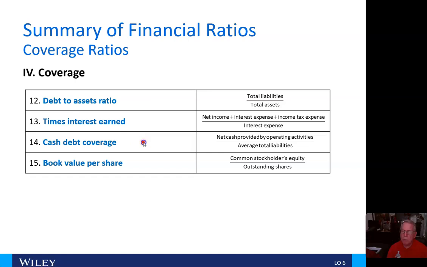Then in number 14 here, we have the cash debt coverage ratio, and that's net cash provided by operating activities, which we divide by the average total liabilities. Then we have number 15, which is the book value per share, and that's the common stockholders' equity divided by the outstanding shares.